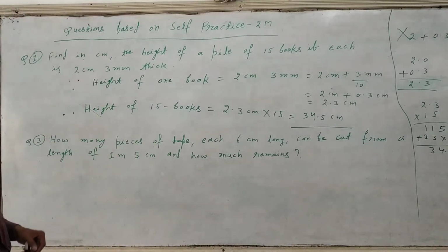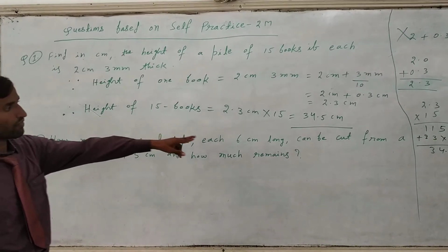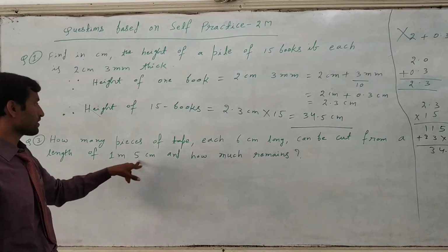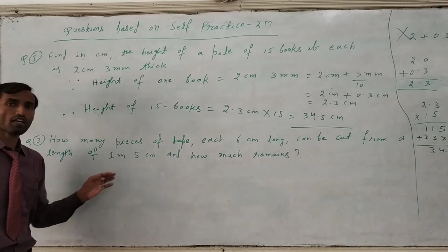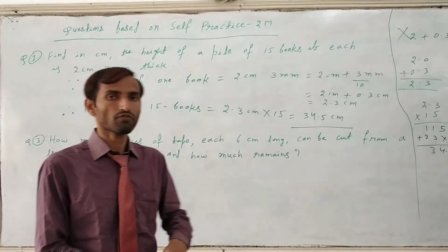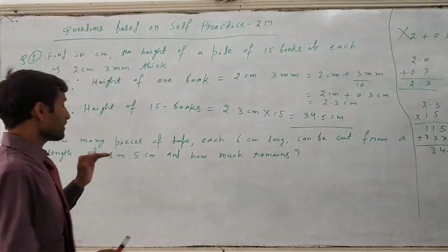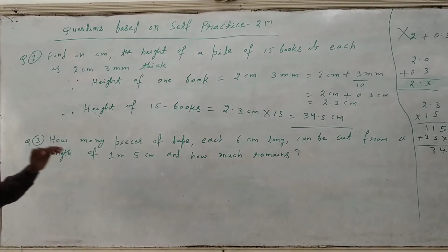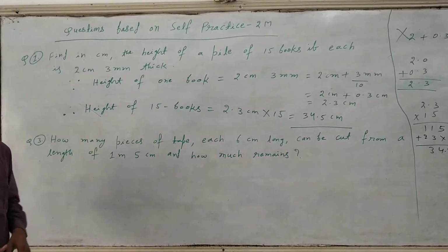Just see here, this one is in centimeter and this one is in meter and centimeter. So first of all we have to convert to the same unit, then do any process. In this the bigger length is given and we have to find the number of pieces.